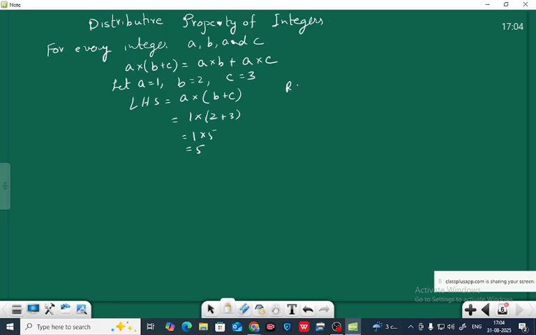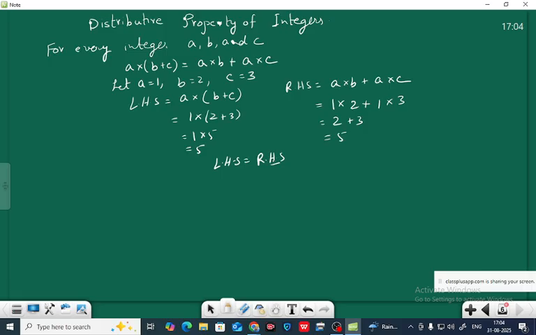In the right hand side, it is a into b plus a into c. The value of a is 1 into value of b is 2 plus value of a is 1 into value of c is 3. That is 2 plus 3, 5. Here you also see that left hand side is equal to right hand side. This is what we call distributive property of integers.